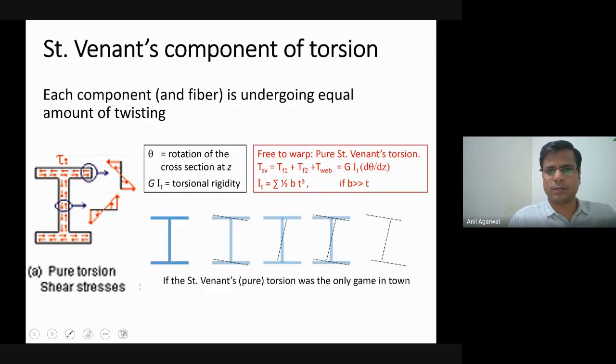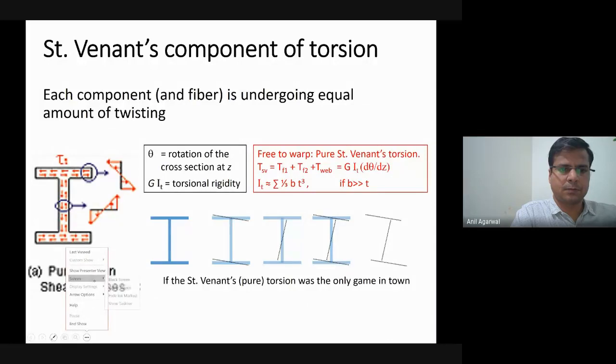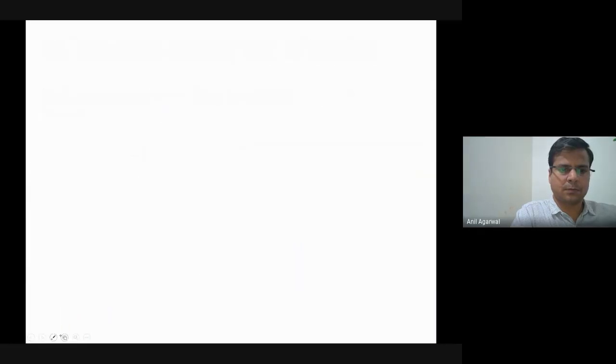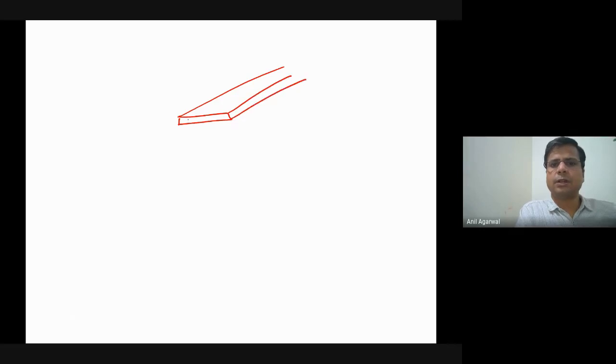Again, I may have to draw it in 2D. If you have a plate, it may not be very easy to draw it in 3D. When the plate twists, let's say the rear end stays as it is and the front end rotates.